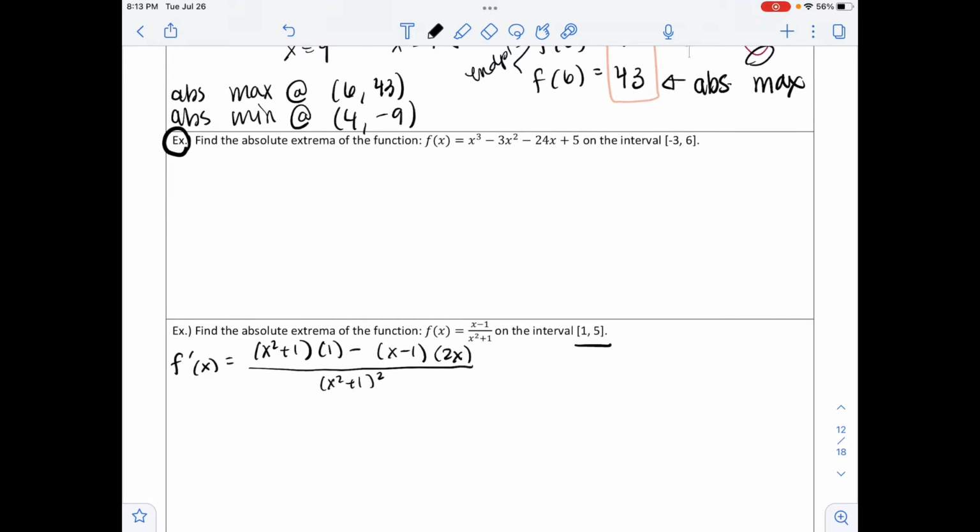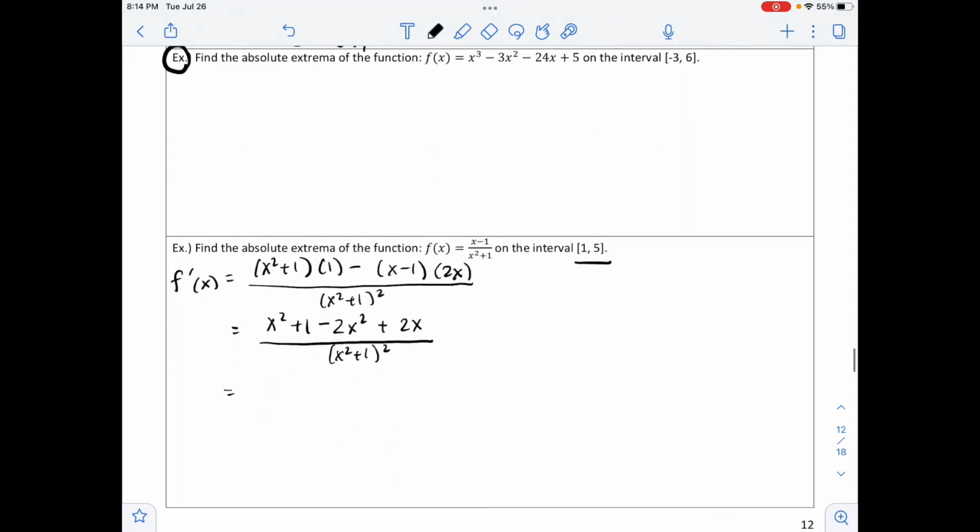And then from here we can simplify this, and we have x squared plus 1. Distributing my 2x and also my negative, we have negative 2x squared plus 2x all over x squared plus 1 squared.